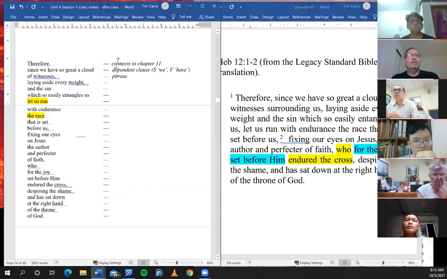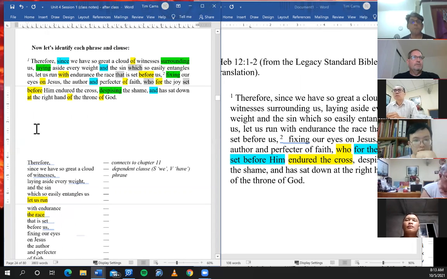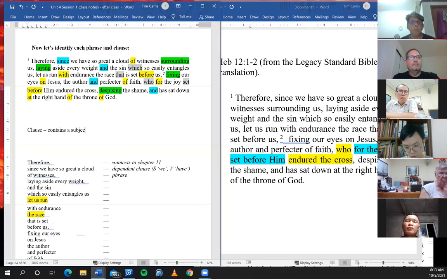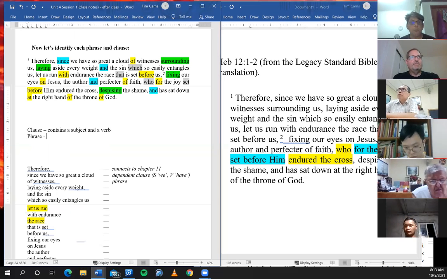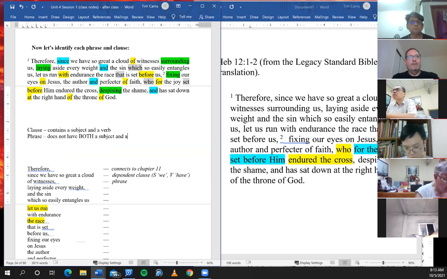And I've started that to give you an example. Again, remember, a clause contains a subject and a verb. But a phrase does not have both, and that's the key, a subject and a verb. Sometimes a phrase may have a verb, but not a subject, or a verbal, but not a subject.